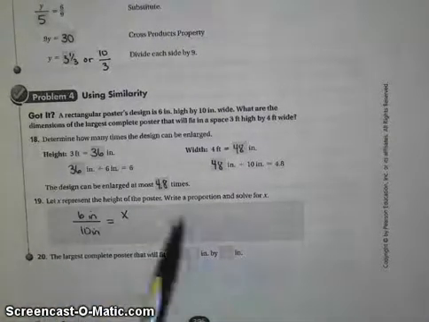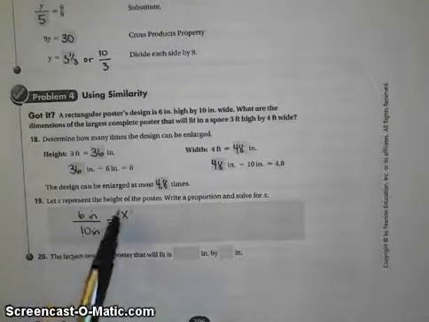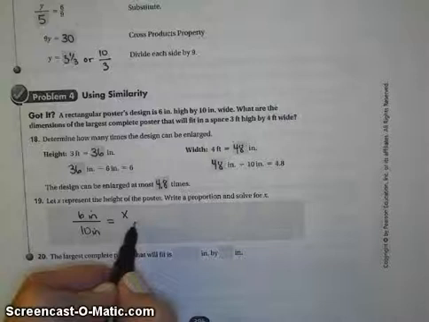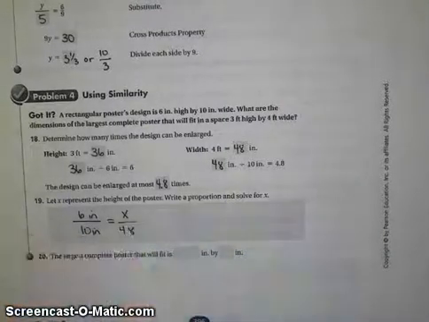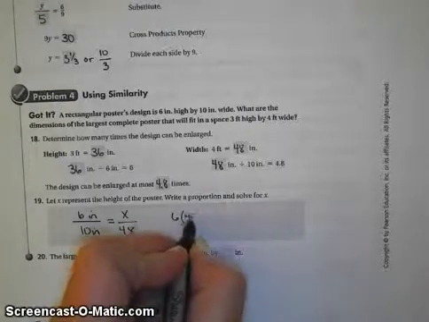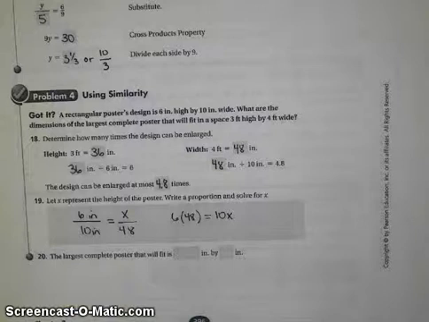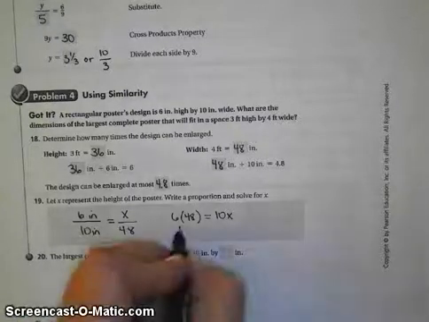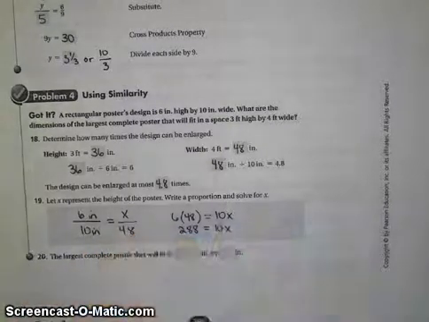So when we want to write the proportion, we'll take the original size, 6 inches high by 10 inches wide. We don't know quite how high we can make it, but we know the maximum we can expand the width is to 48 inches. So when you cross multiply, 6 times 48 would equal 10 times x. 288 equals 10x.